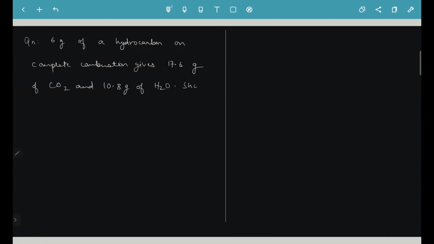Show that the data is in accordance with the law of conservation of mass.